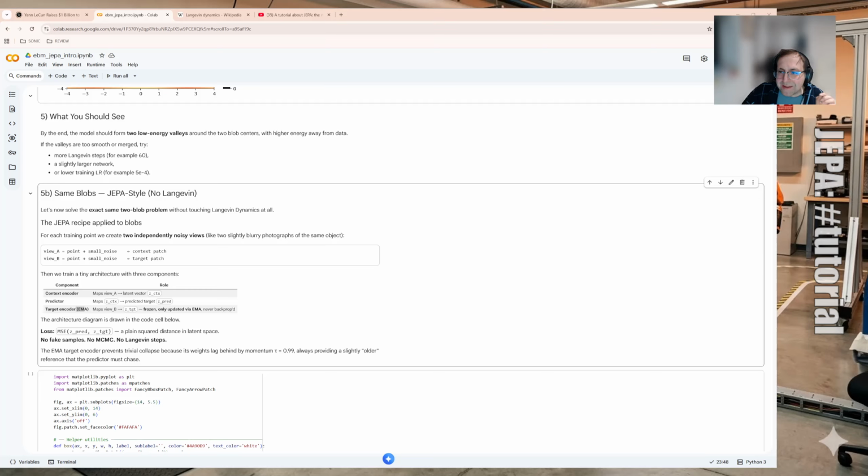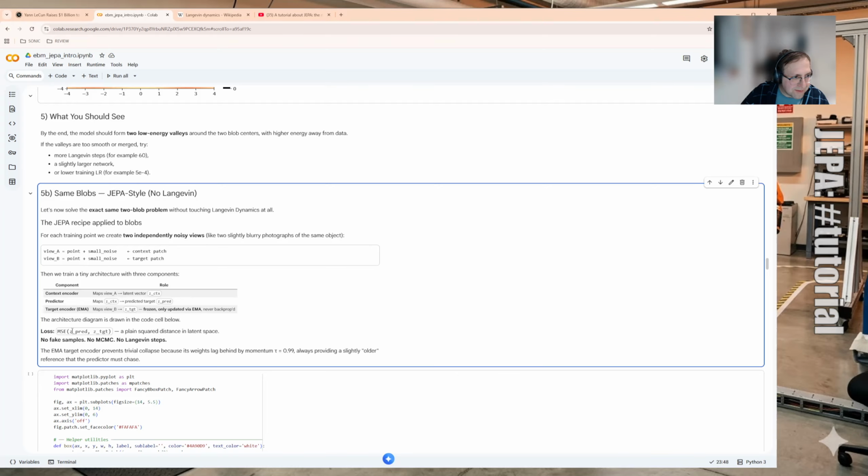So the model gets this view of A and must predict the embedding of B, and not the raw point itself.